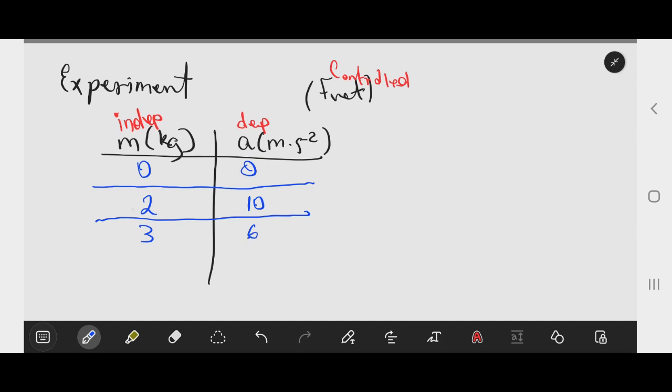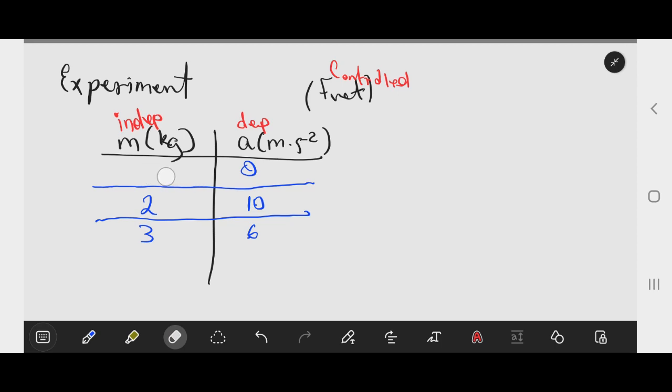So we can see that when we increase the mass, the acceleration decreases.